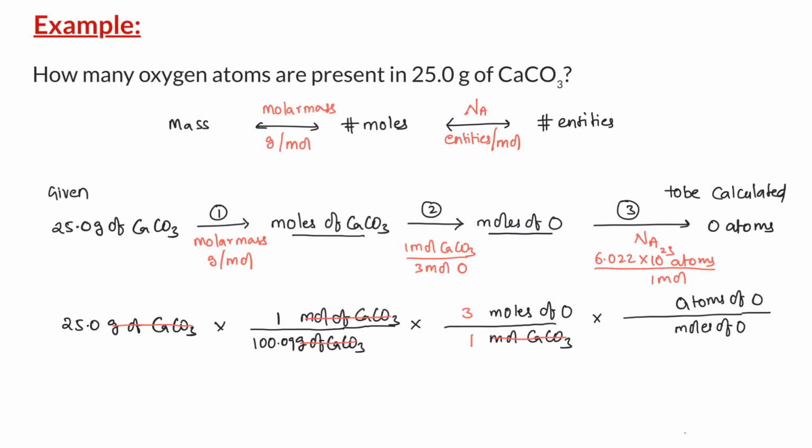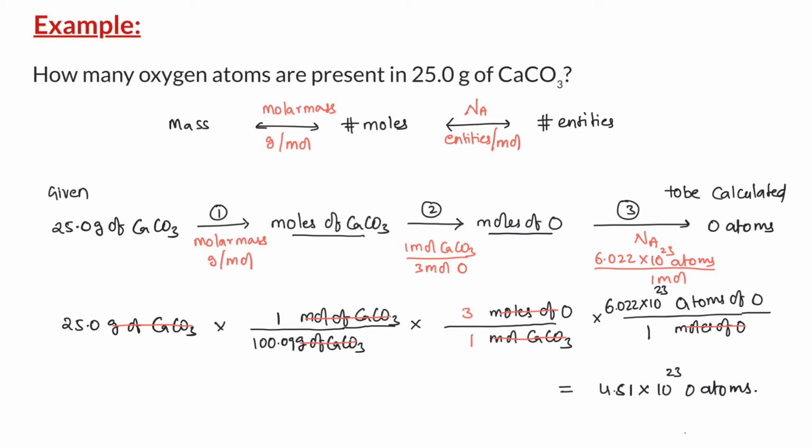And we know that we have 6.022 times 10 to the 23 oxygen atoms per each mole of oxygen. The moles of oxygen and moles of oxygen get cancelled. The units now I have are atoms of oxygen, which is what we need to calculate. If we do the math, we get 4.51 times 10 to the 23 oxygen atoms.